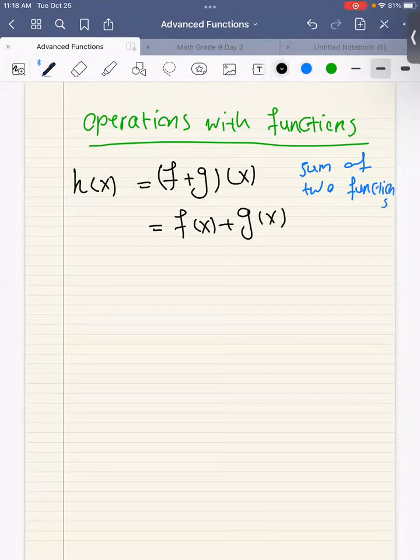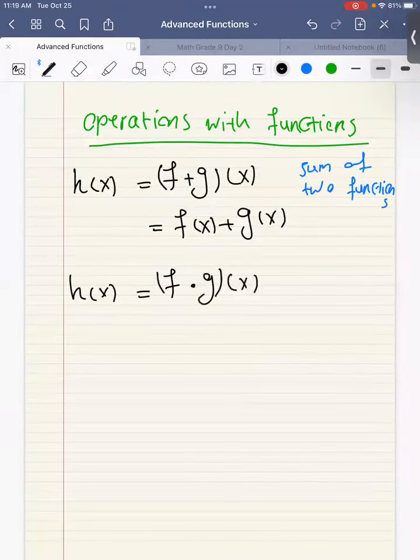You can also multiply, the product of two functions. f times g of x is defined by just pointwise multiplication.